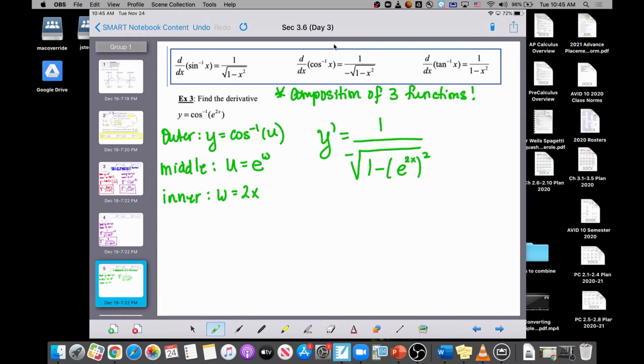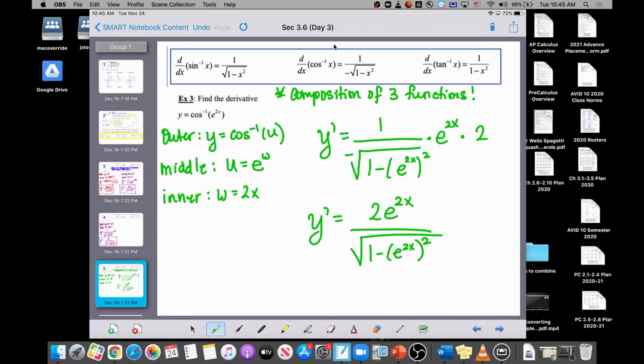But then I have to multiply by the derivative of e to the 2x, which is e to the 2x, but then I have to multiply by the derivative of 2x, which is 2, right? Because I have to make sure that I'm multiplying, I'm doing the chain rule multiple times here. So my y prime is going to be equal to 2e to the 2x divided by the square root of 1 minus e to the 2x squared.